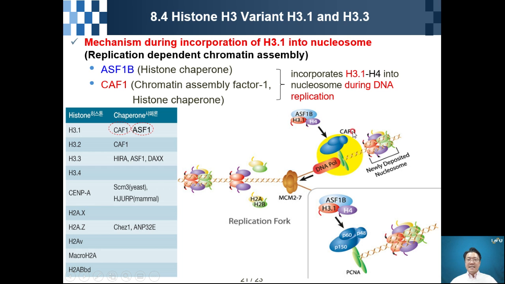After that, CAF1, the chromatin assembly factor 1, helps the incorporation of the H3.1 H4 dimer into the nucleosome, especially during DNA replication. So this is the DNA replication procedure.